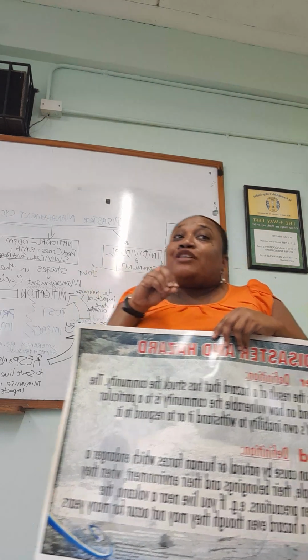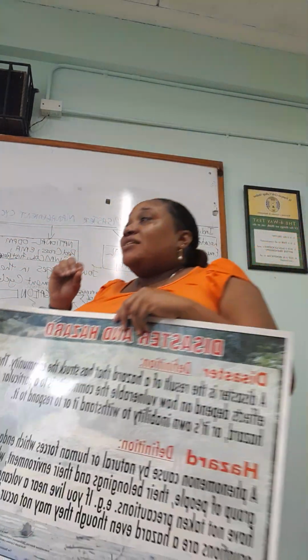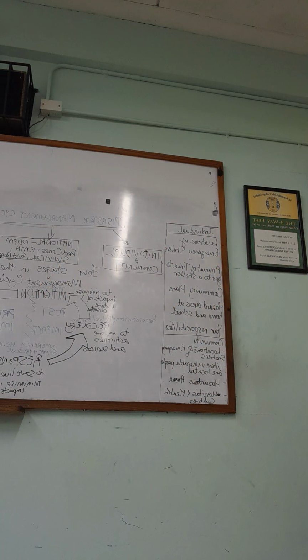So if you look in your textbook, the chapters that cover hazards are quite extensive. It's very long because you have several case studies. That is why I broke you all up into groups this morning. You would see it ends on page 189 and it starts on what page? 158.